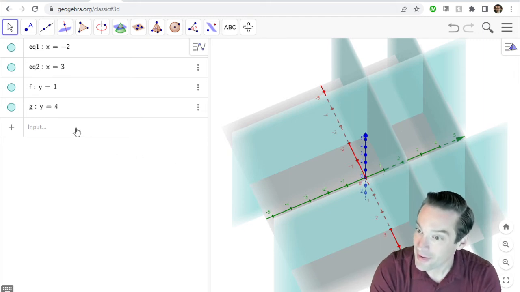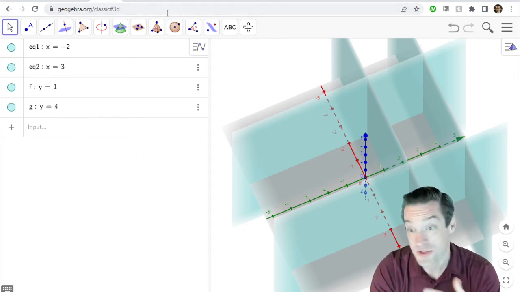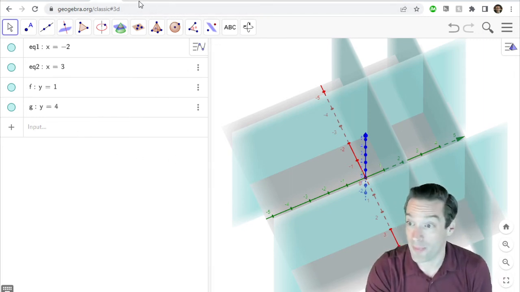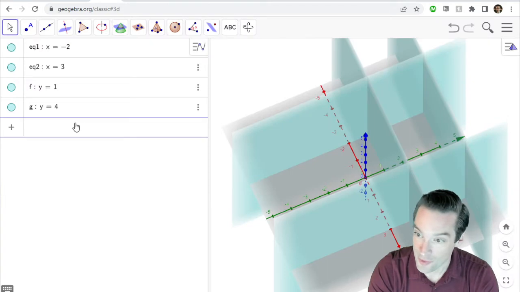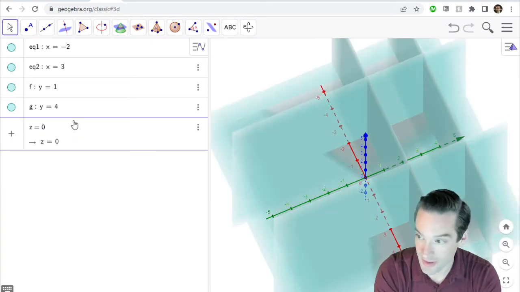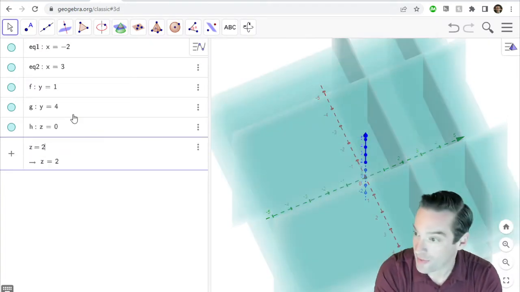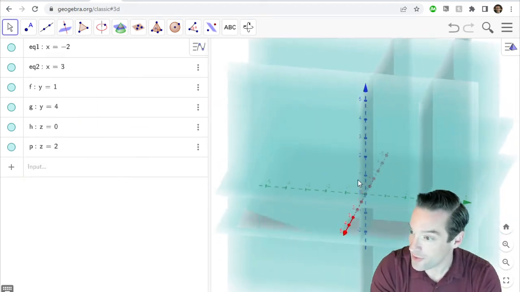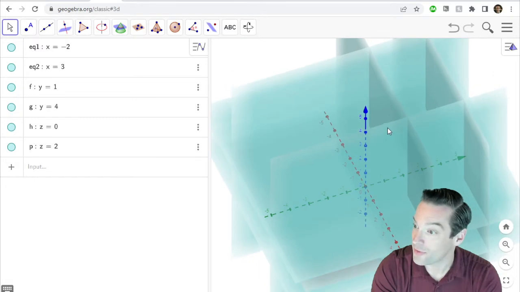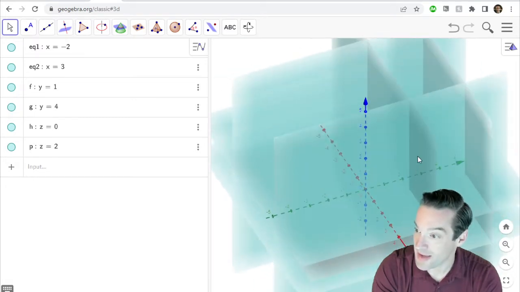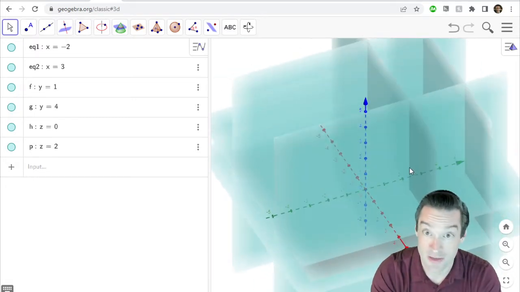And then I can bound my z variable, which gives me a top and a bottom for my box. In the activity, that's z equals 0 and z equals 2. The bottom of my box ends up being the xy plane, z equals 0, and the top is at z equals 2. So what it gives me are these 6 planes that together define 6 sides of a rectangular prism that is going to form my domain of integration.